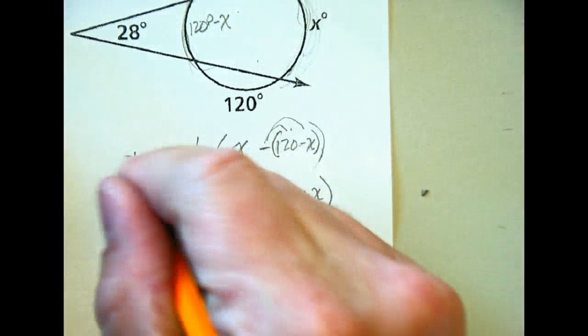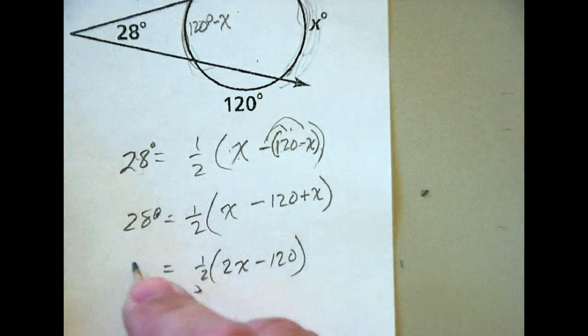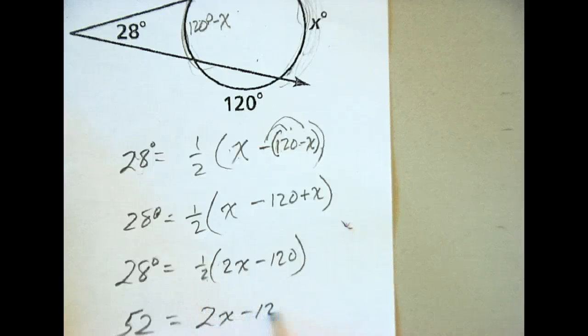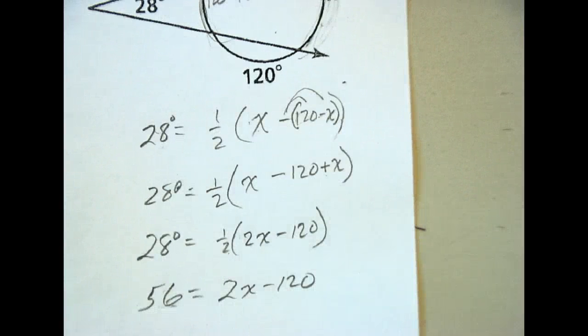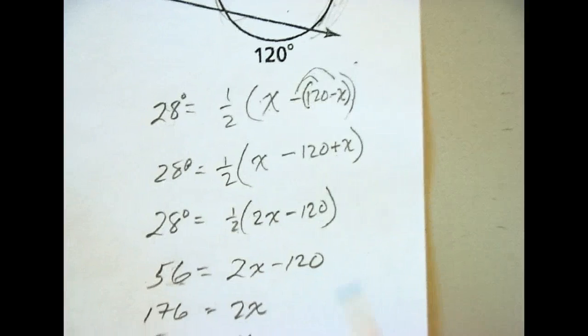That should have been 28. I'm going to double both sides this time. Just multiply by 2. That gets rid of that 1/2. That's not 52, it's 56. Then add 120. 176, and divide by 2. X is 88.